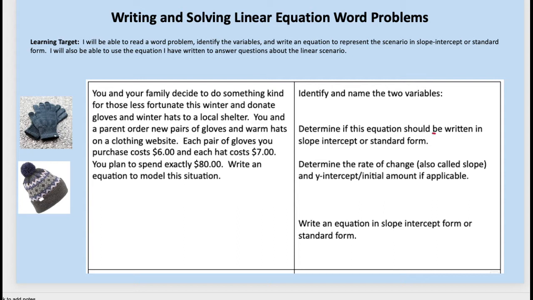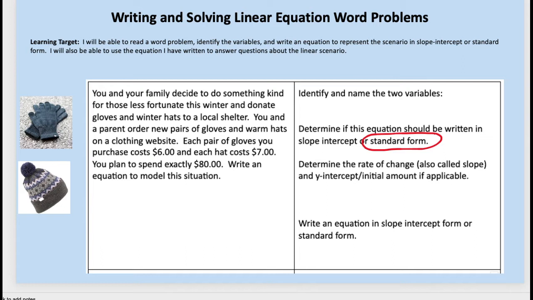And I have two things here that I'm buying: gloves and winter hats. Since we're given the cost of each, the two things we're determining, our two variables, are the number of hats and the number of pairs of gloves.